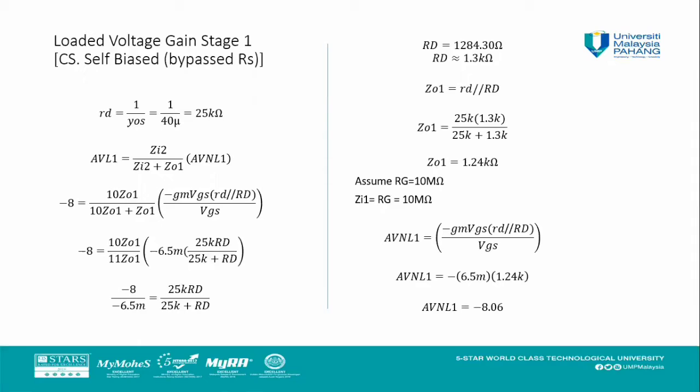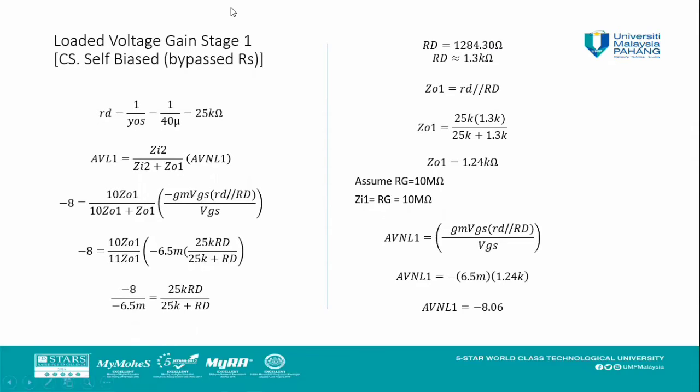We substitute and expand the AV no load 1 formula, equal to negative GM VGS times RD parallel RD over VGS, and we cancel out VGS and substitute all the values. We got RD equal to 1284.30 ohms, and following the standard value we have RD equal to 1.3 kilo ohms.